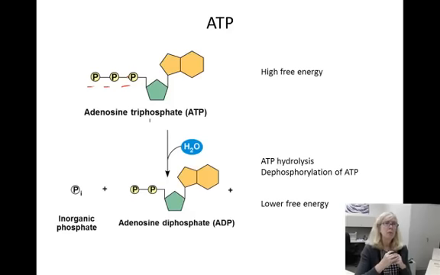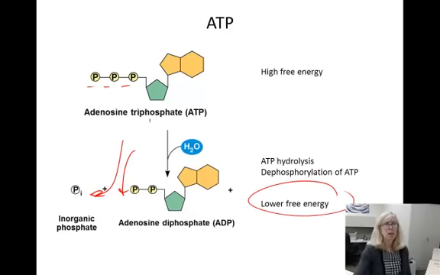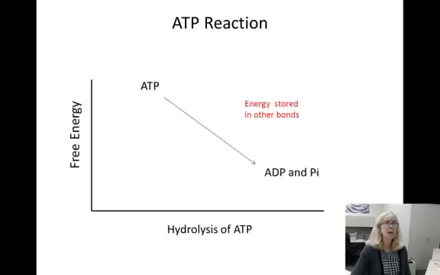When a phosphate is removed by a hydrolysis reaction, this is called the dephosphorylation of ATP, and the resulting molecule has a lower free energy. Graphically, you can think of the hydrolysis releasing that free energy that can then be used to form other bonds.